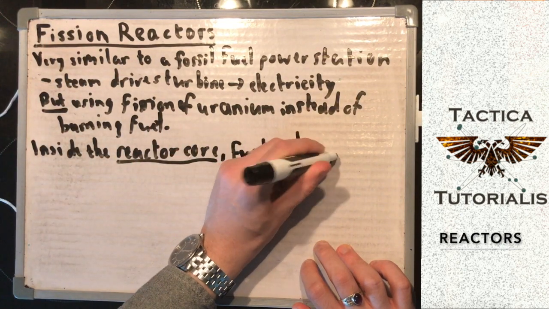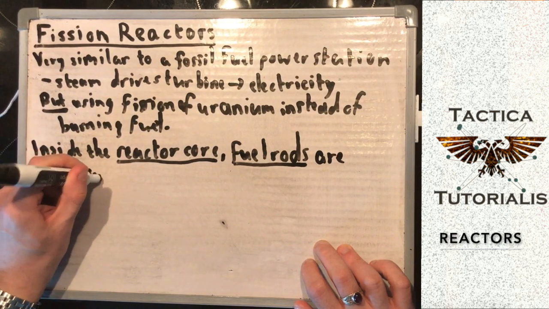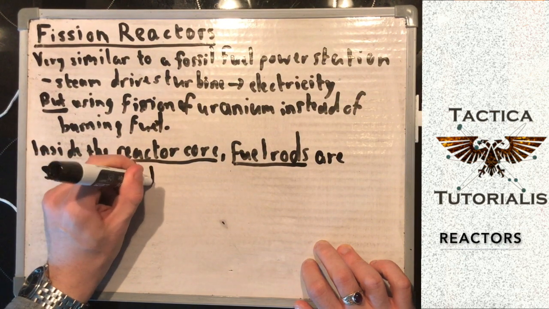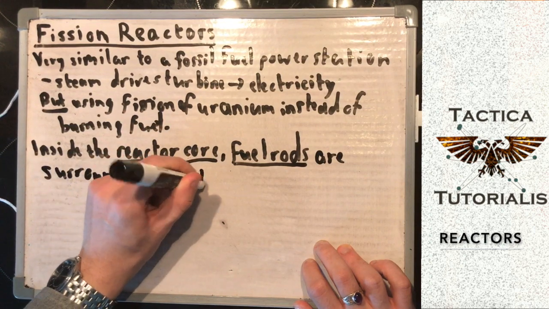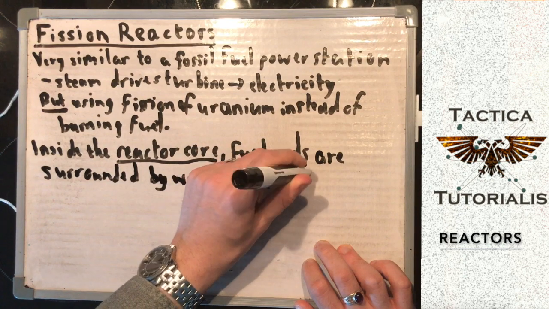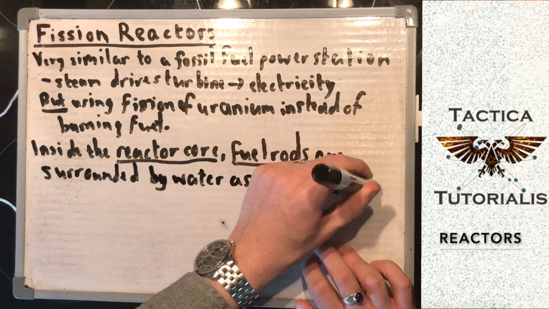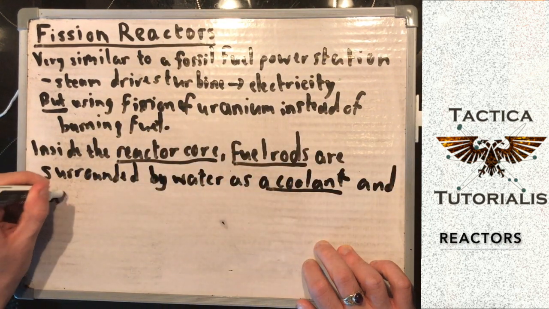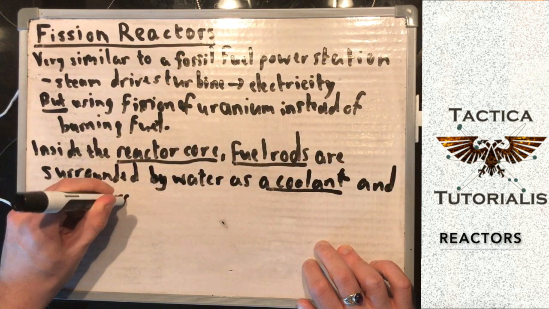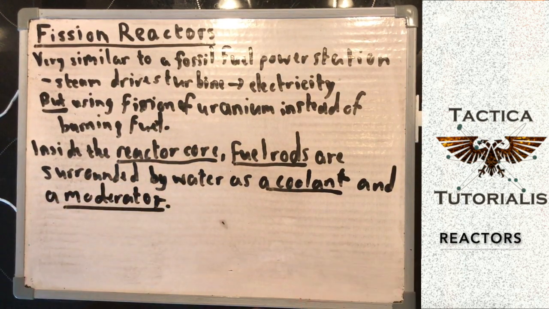Are surrounded by what we call, well, they're surrounded by water as a coolant and a moderator. So I'll define a few of these terms in a moment. But this is referring to what we call conventional reactors in the UK and across a lot of Europe.